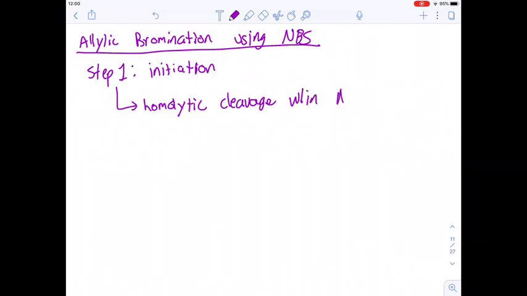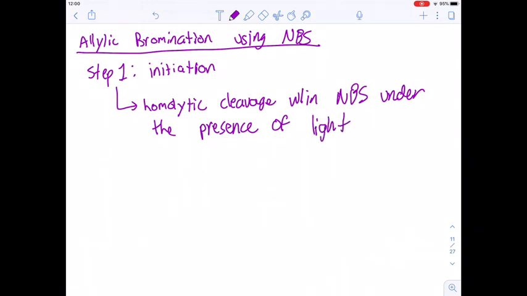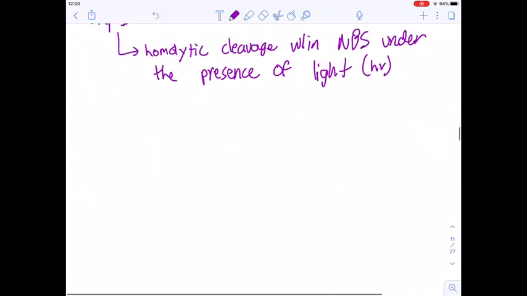And this is the homolytic cleavage within the NBS molecule under the presence of light. Light, 9 times out of 10, is either going to be represented as light or hv. So in parentheses, I'm going to write hv.